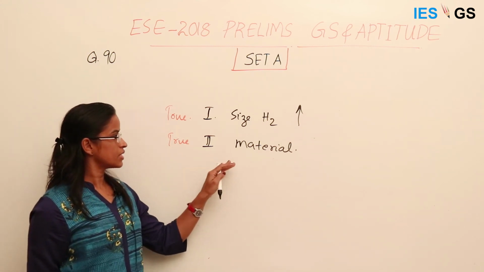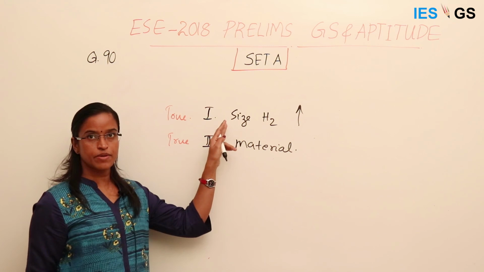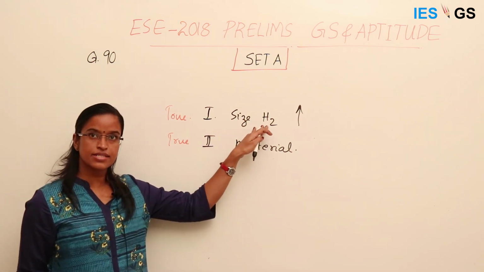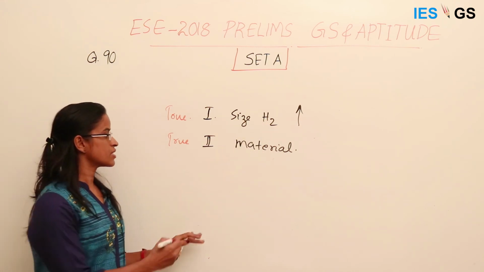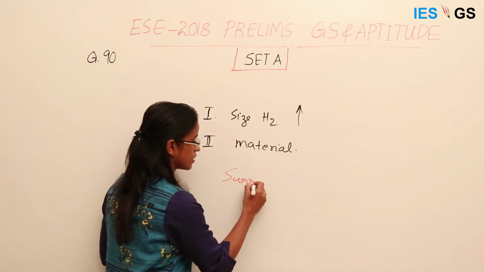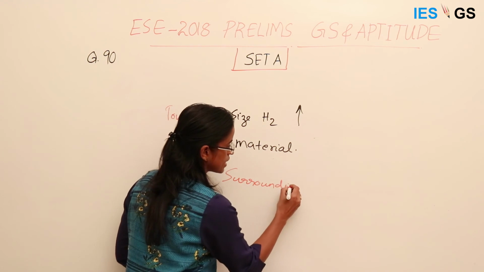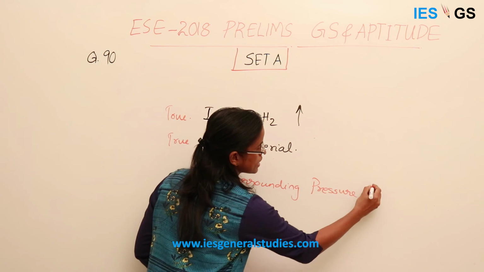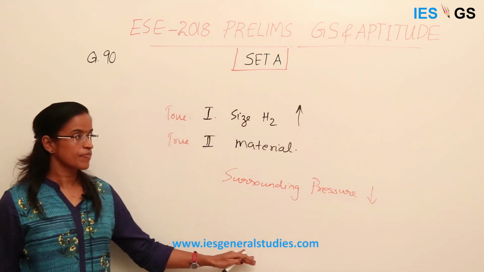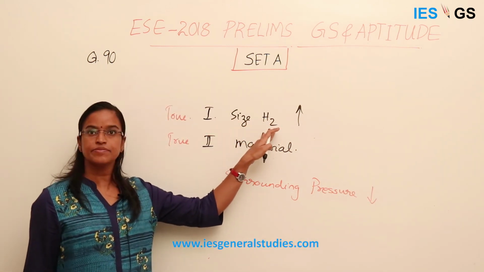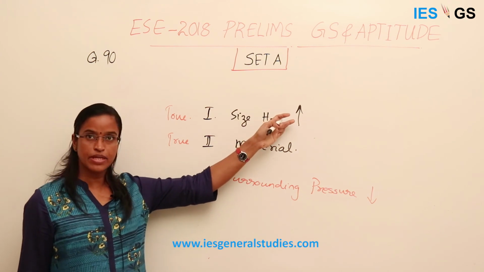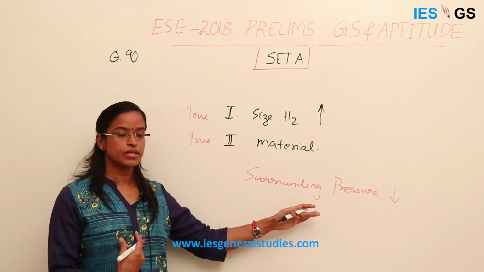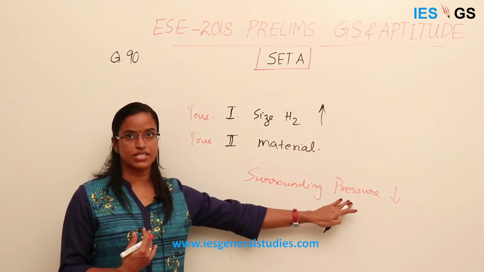But does this second statement explain the first statement? No, because what is the reason behind the increase in size of the hydrogen balloon? Because the surrounding pressure is decreasing, right? Surrounding pressure decreases as the height increases, so that the material inside the hydrogen balloon expands in accordance with the surrounding pressure.